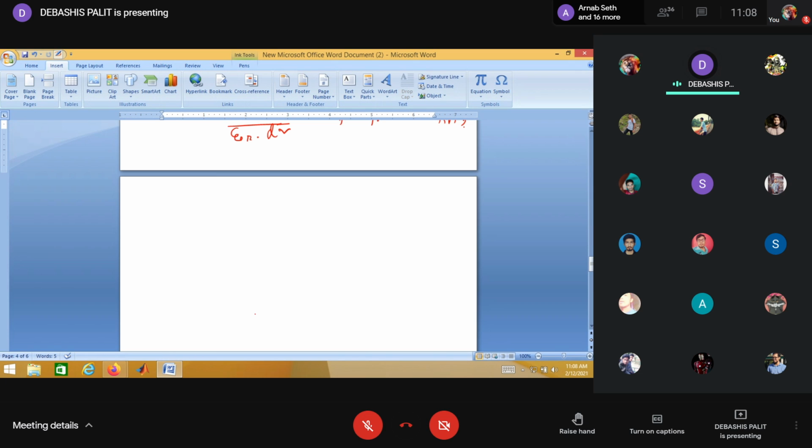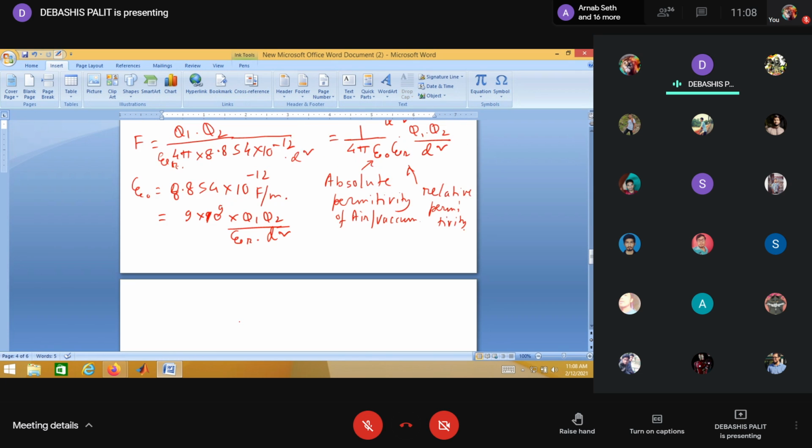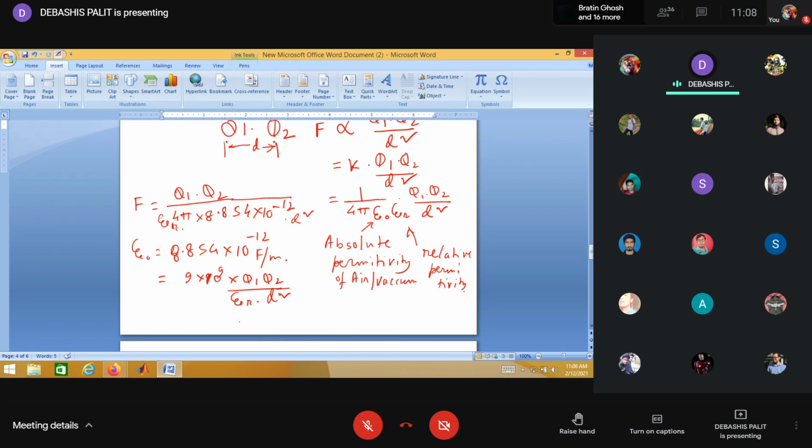Whenever the permittivity of the electric field is more, the force of attraction or repulsion is less. Same charges repel, opposite charges attract. So this force is inversely proportional to the permittivity.